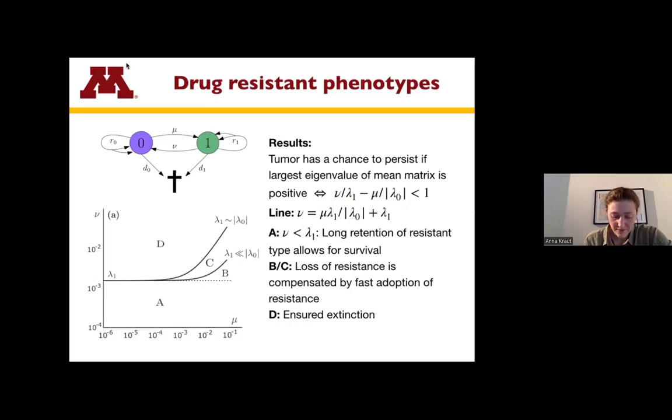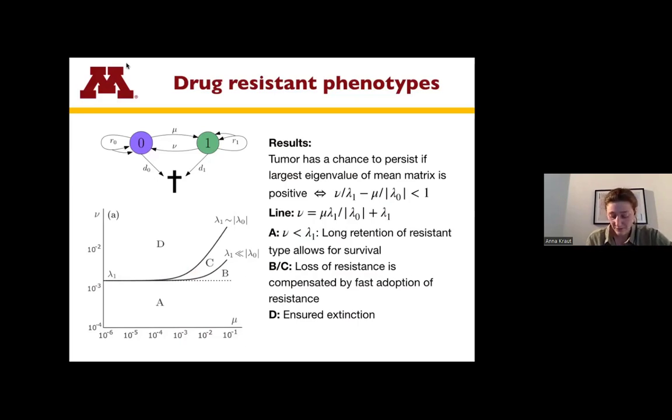So where mu is equal to mu times lambda 1 divided by lambda 0 plus lambda 1. So this is a logarithmic picture. This is generally a linear function here, but becomes this curve here on the logistic scale.